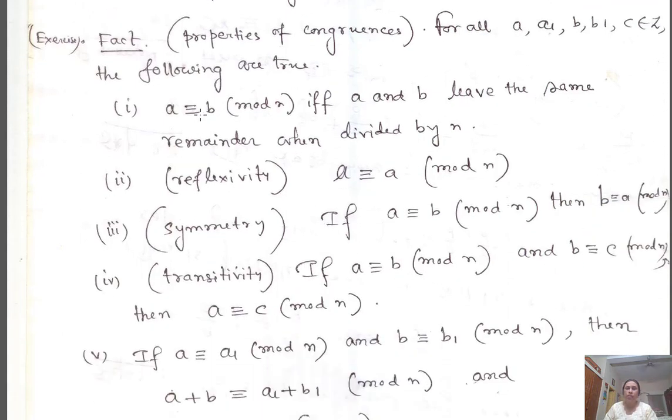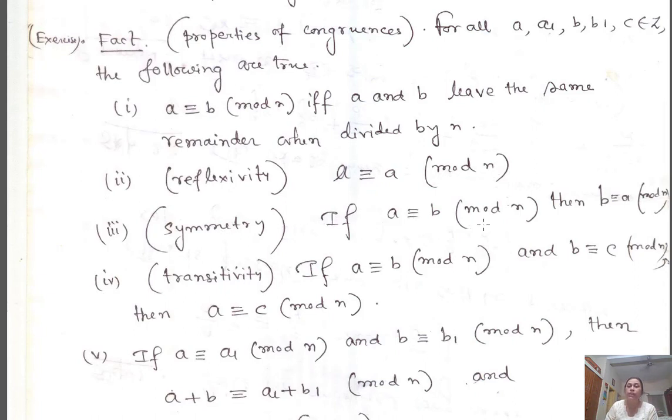So a ≡ b (mod n) means that when you divide a by n, whatever remainder you get, dividing b by n will also leave the same remainder. So a ≡ b (mod n) if and only if a and b leave the same remainder when divided by n. Reflexivity: a is congruent to a modulo n.